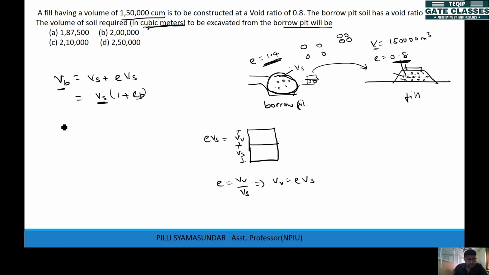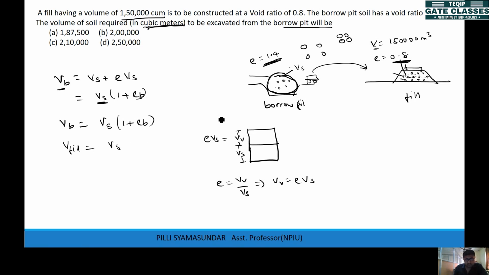So Vb is equal to Vs into (1 plus eb), and the volume in the fill is equal to volume of solids.